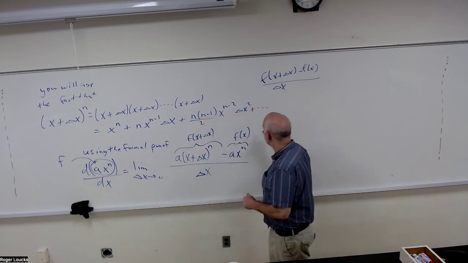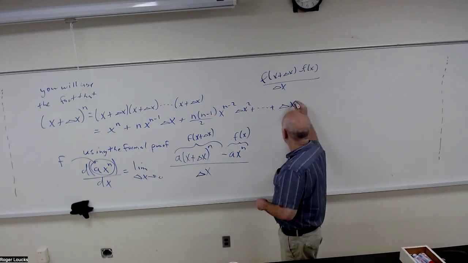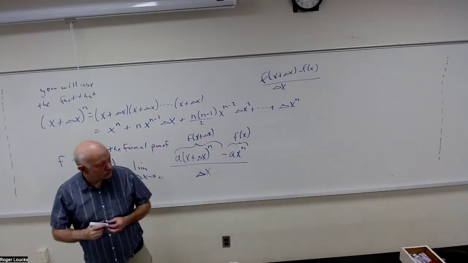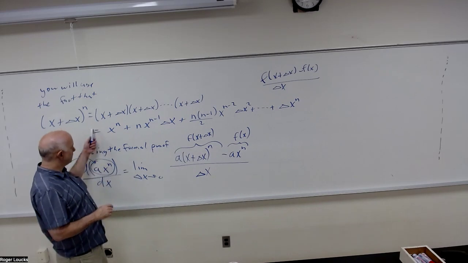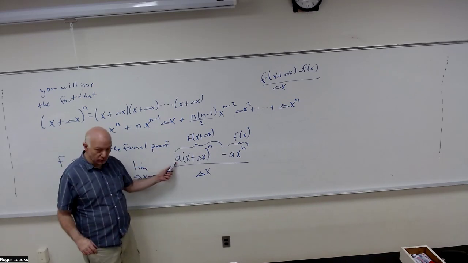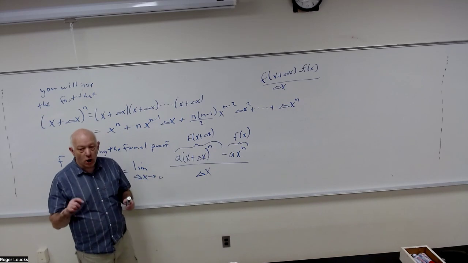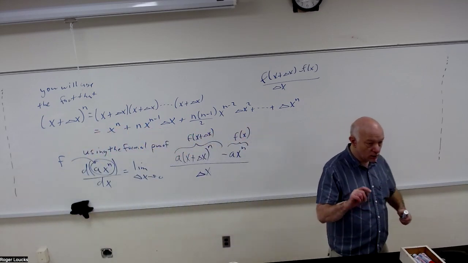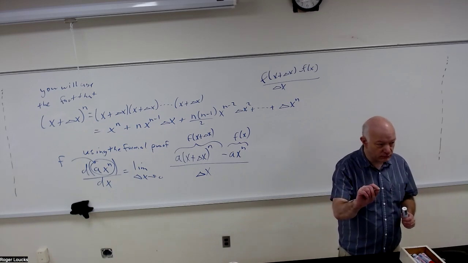That does that all the way to the last one, which is delta x to the n. You're going to take this mess here, put it in here. Remember, you're still multiplying by a. And all you have to do is be careful with the mathematics. Work all the mathematics before you take that limit.